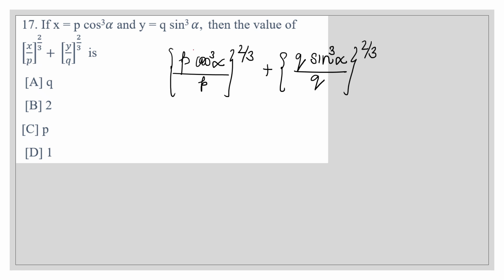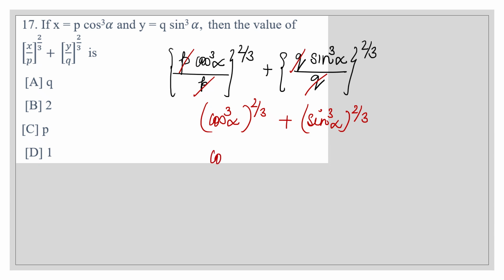Cancellation is possible inside the bracket. This will be cos cube alpha raised to the power 2 by 3 plus sine cube alpha raised to the power 2 by 3.